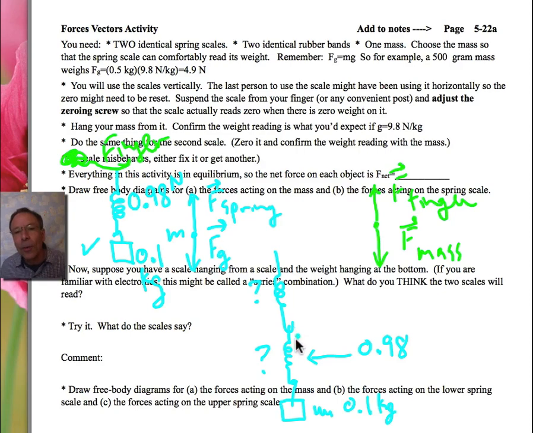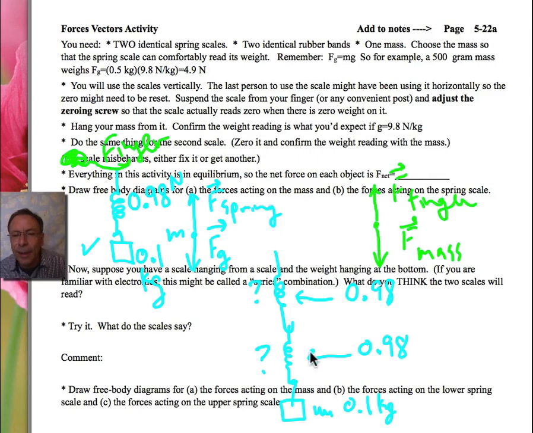Now, a lot of people make weird mistakes about this. Maybe it's going to say twice as much or half as much or whatever. Well, it turns out that it's going to say 0.98 plus maybe a little tiny bit, because these scales are light.